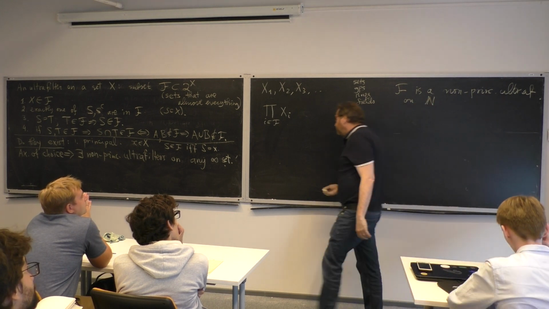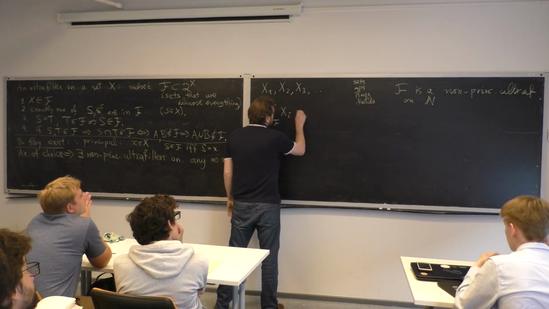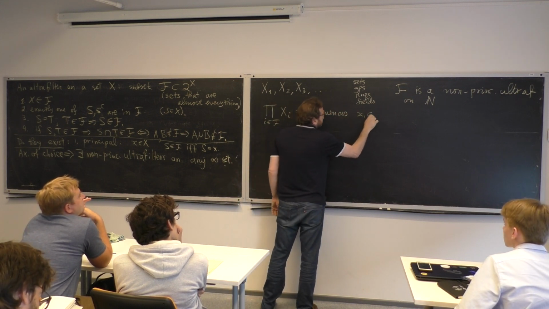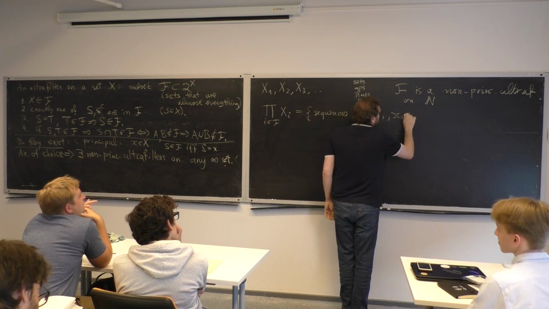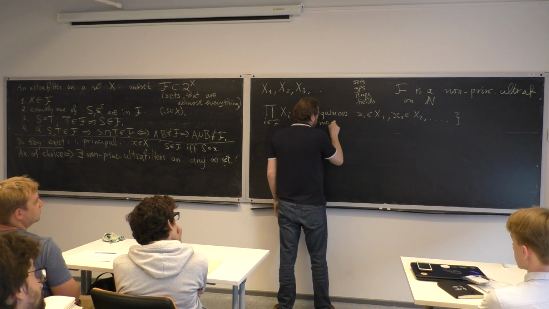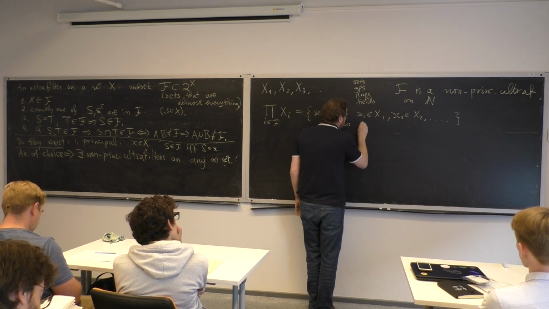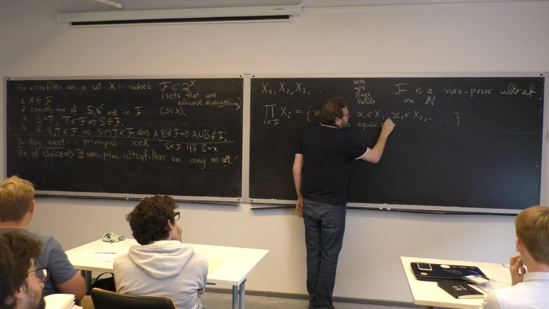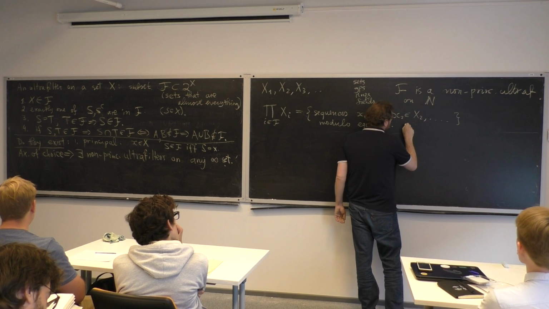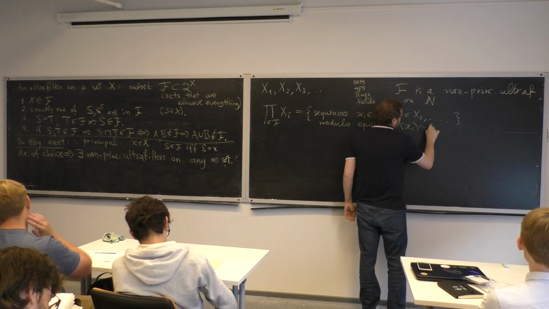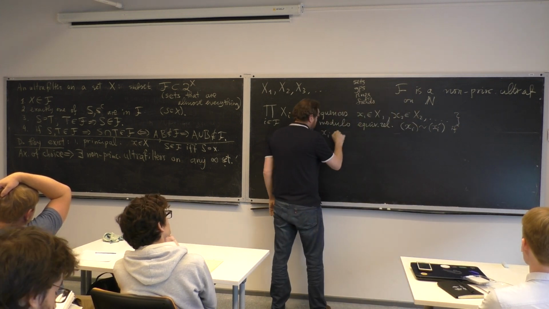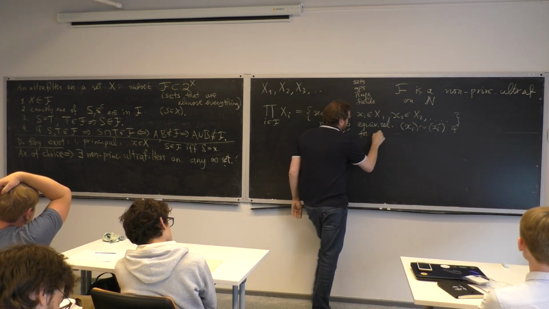As a set, it consists of sequences x1, x2, and so on, modulo an equivalence relation, such that the sequence xi is equivalent to xi prime if xi is equal to xi prime for almost all i with respect to F.